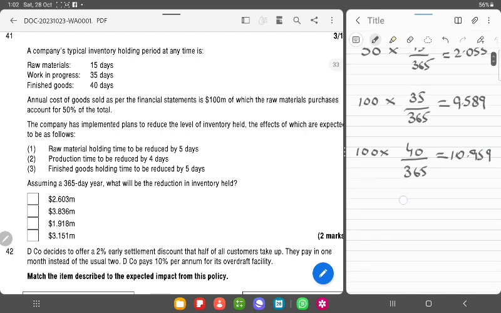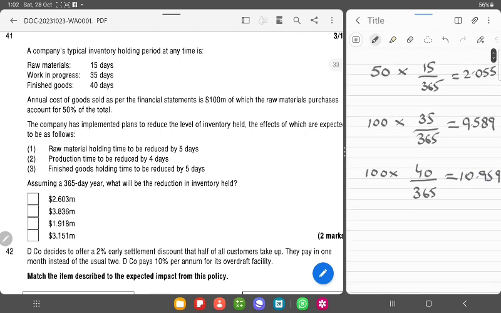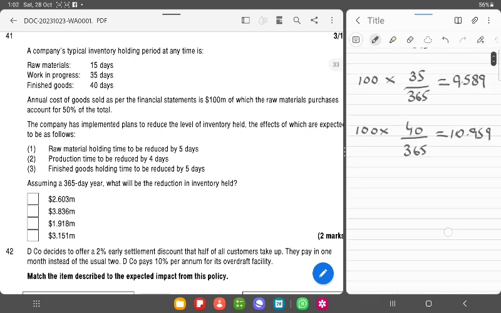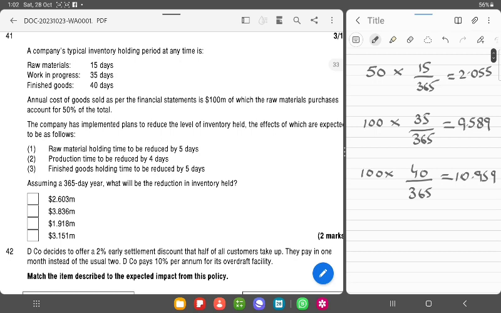So this is the value of raw material inventory 2.055, work in process inventory 9.589, and finished goods inventory 10.959. So first we have to find out, after the reduction, what is the value of raw material inventory, as it is reduced by 5 days.